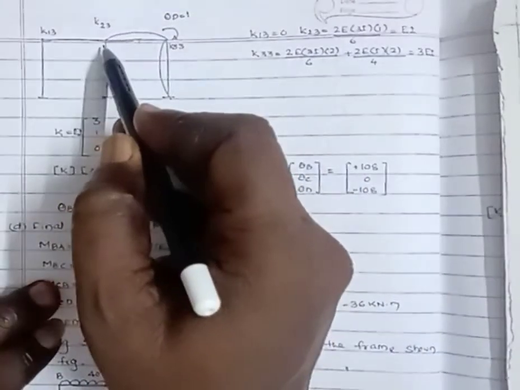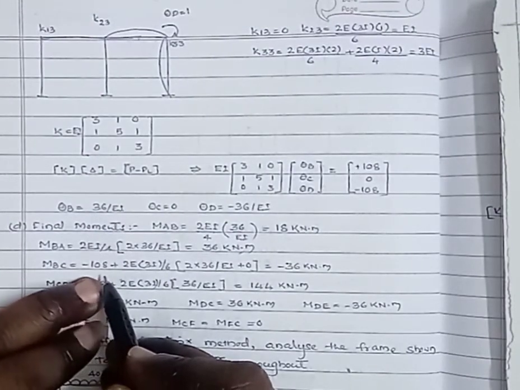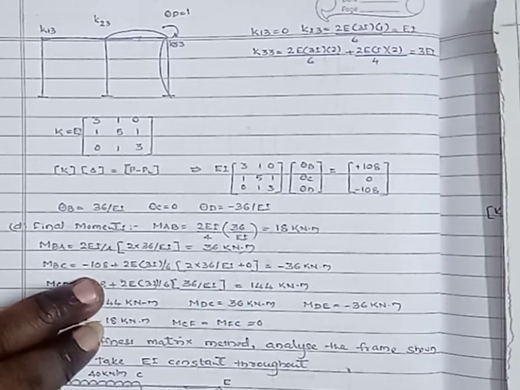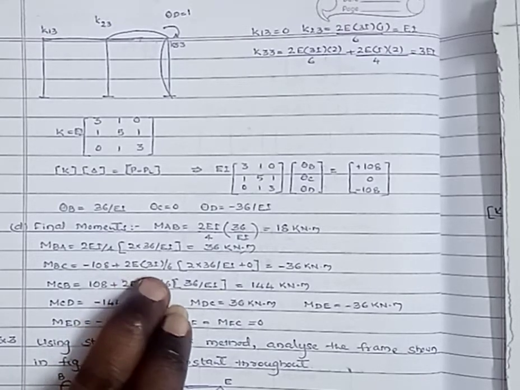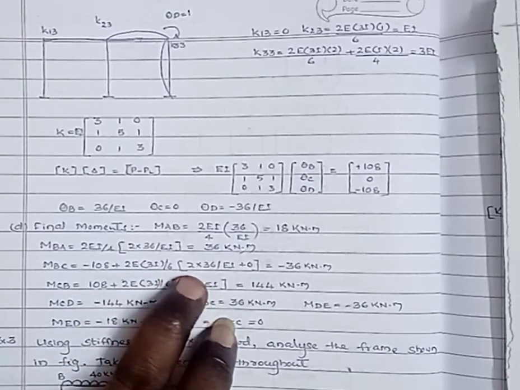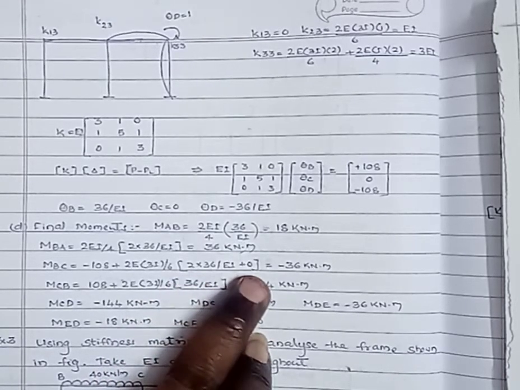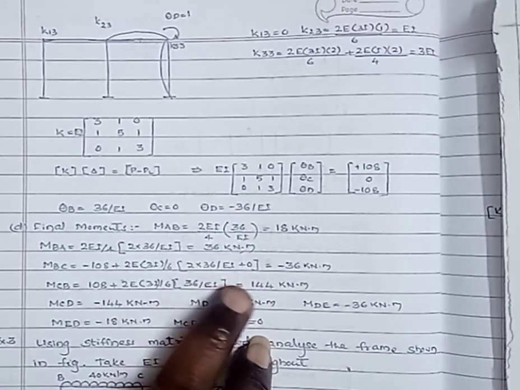Then MBC. The fixed end moment in the horizontal member is minus 108, that is anti-clockwise, plus 2EI by L. Here the moment of inertia for the horizontal member is 3I, hence 2E into 3I by 6, the length is 6, inside the bracket 2 theta B plus theta C. Theta C is 0, which we have calculated, so 2 times theta B, that is 2 into 36 by EI.